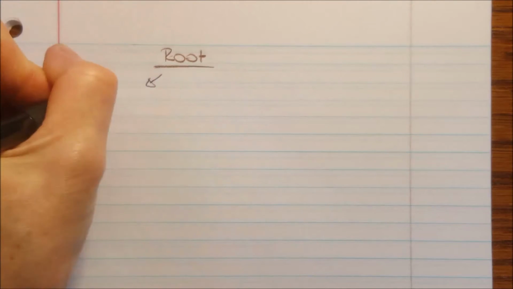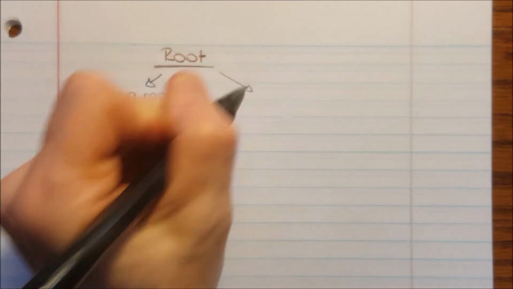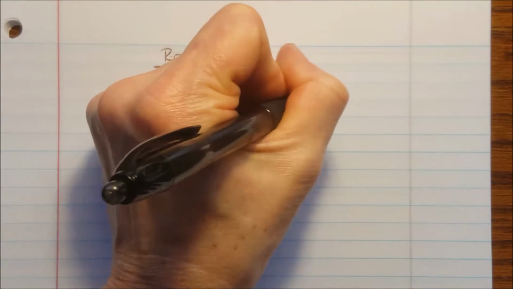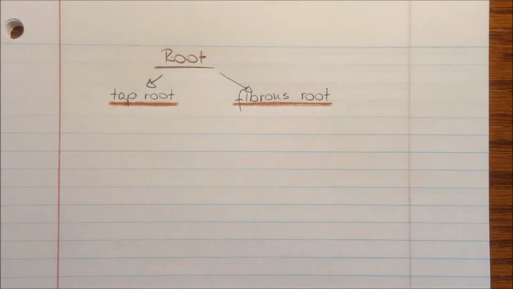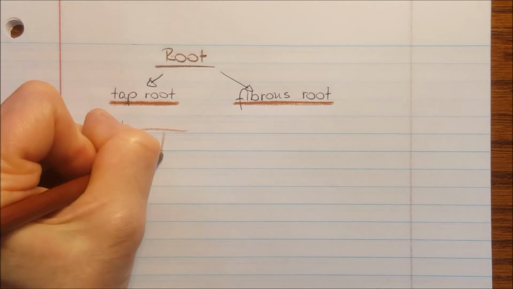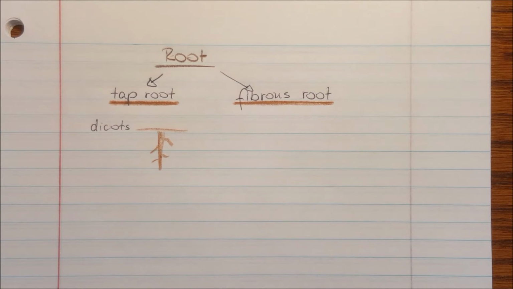Focusing on the roots first, a little bit. The root can be taproot or fibrous root. The taproot system is found mainly in dicots and consists of a large primary root and many smaller branches.